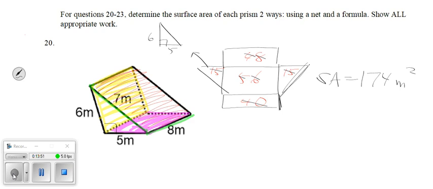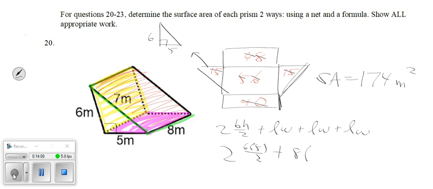The other half is, I have 2 triangles, and a rectangle, and a rectangle, and a rectangle. So I have 2 6 by 5s divided by 2, and I have 1 8 by 7, 1 8 by 5, and 1 8 by, what's the other one? 6.